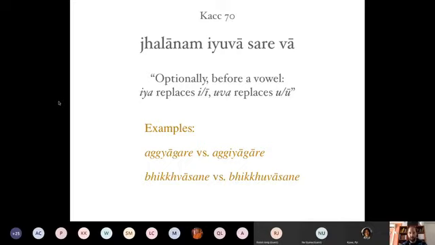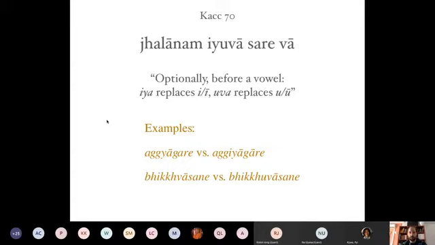We will discuss this type of options in the next sessions. I'm not going to go into the details here. There are some problems with the examples as I have presented them, but you can see that at least the possible options agyagare and bhikkhuvasane are replacements that are prescribed by this rule that is optional.